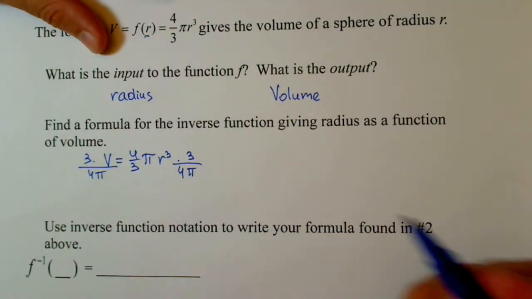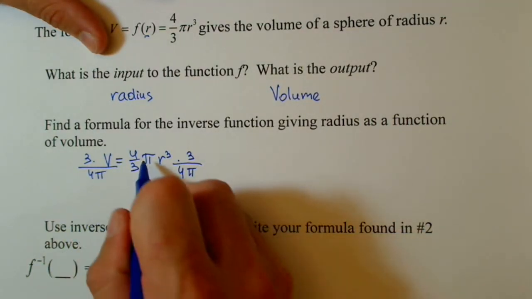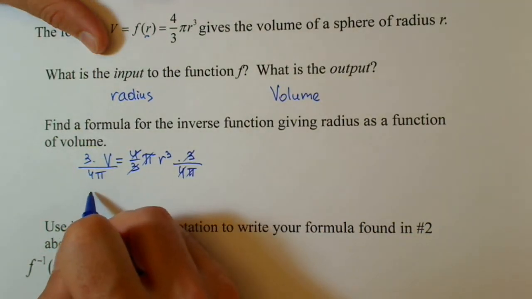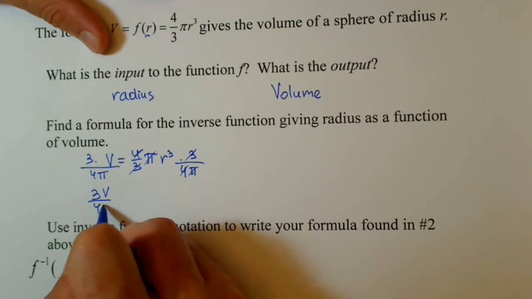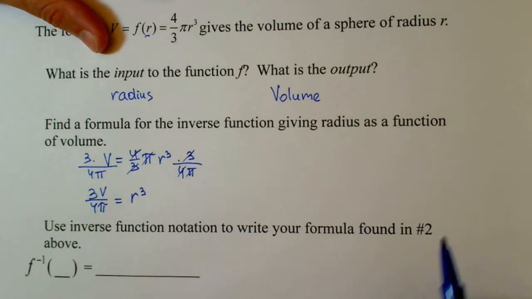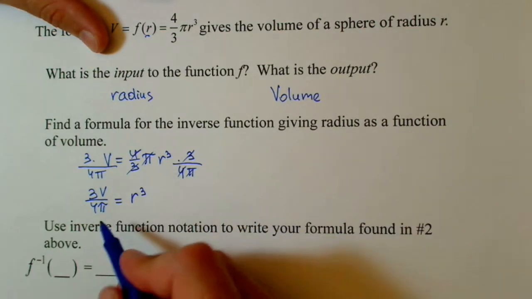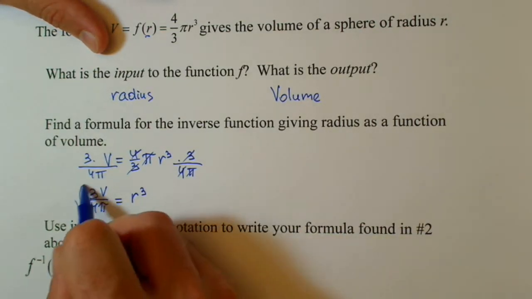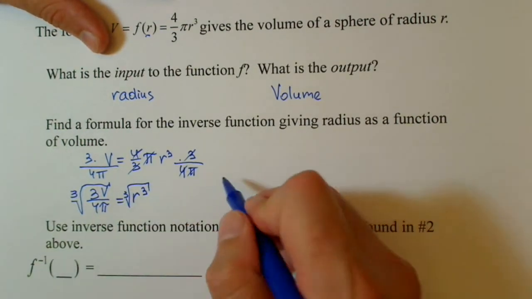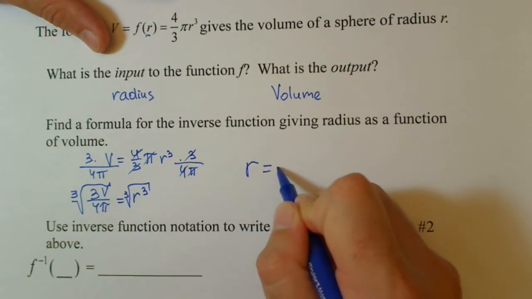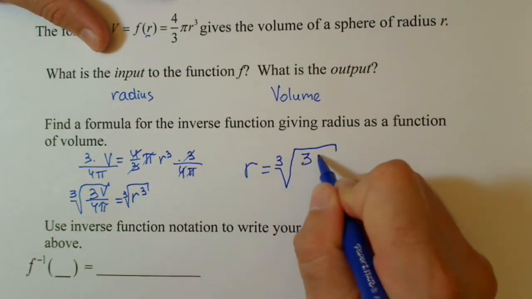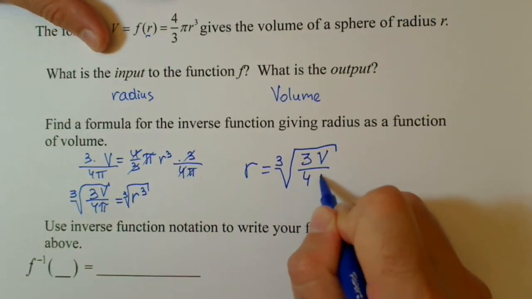Because this one cancels, we have 3V over 4 pi equals r cubed. Now let's flip them, and to get radius we just have to use cube root of both sides. And now we have radius equals cube root of 3V over 4 pi.